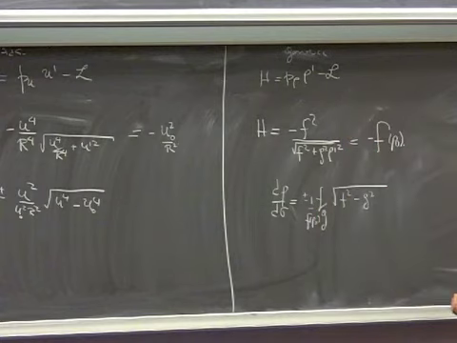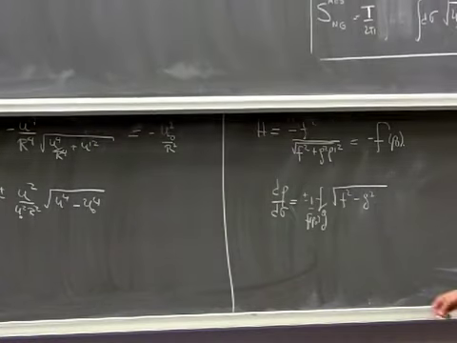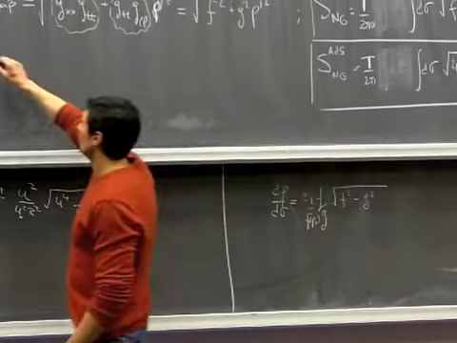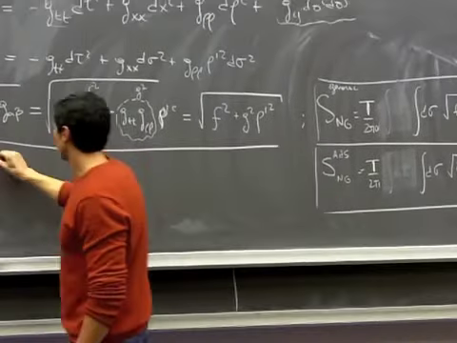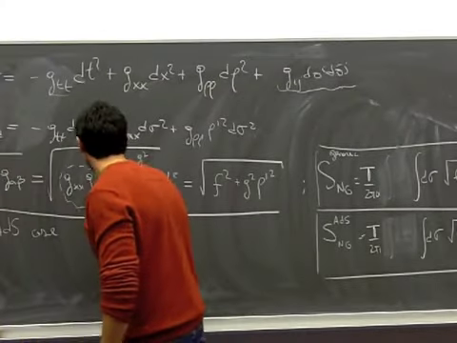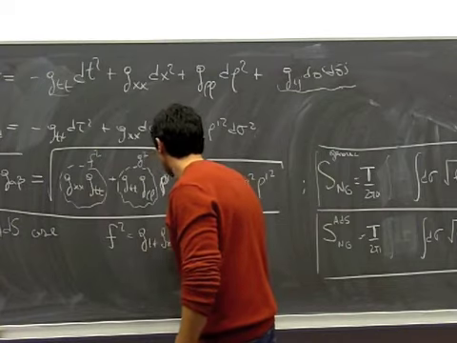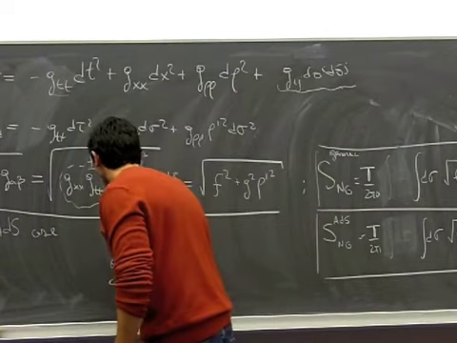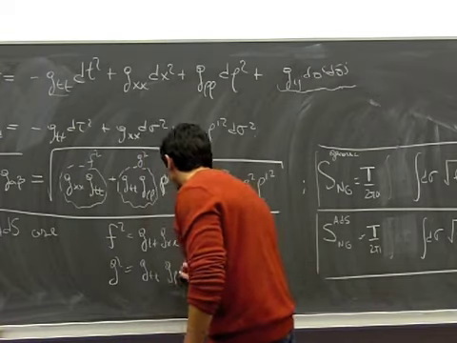By the way, there is a very simple way of checking this. Notice that in the AdS case, these two functions, f squared, that here was g_tt times g_xx, and g squared, that here was g_tt times g_rho rho, the radial coordinate.